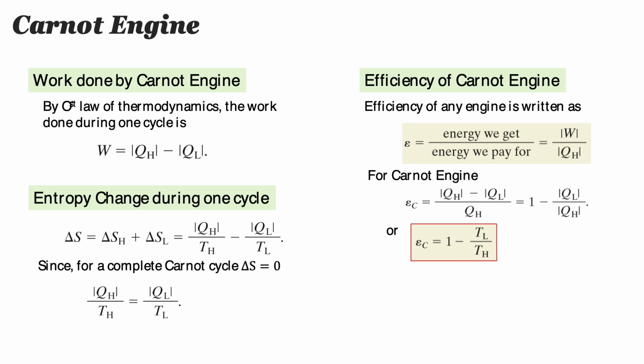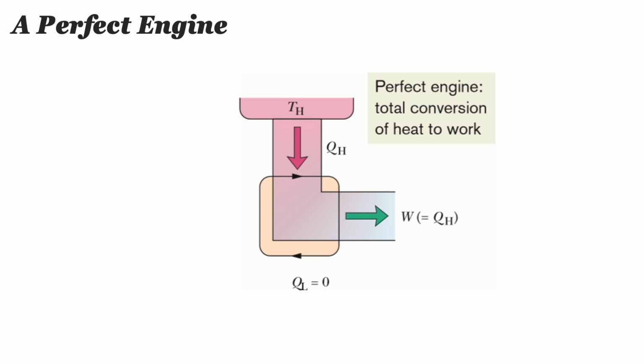Now, how will a perfect engine look? A perfect engine will be an engine that has an efficiency of 100%. A perfect engine will be the one that does not release any heat energy to the low temperature reservoir.